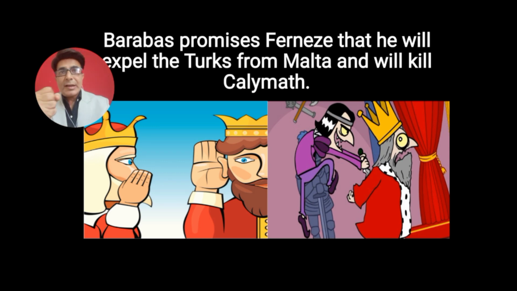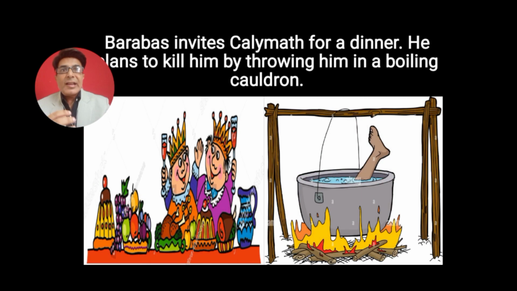So he becomes the governor, but Barabas promises Furnish that he will expel the Turks from Malta and will kill Calimat. Calimat is the representative king of Turkey, and he promises Furnish not to worry, as he has become the governor and has plans to kill Calimat. So this is how he tries to fool the governor of Malta, Furnish.